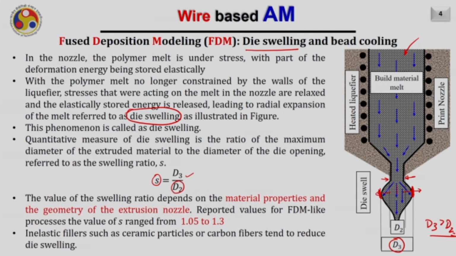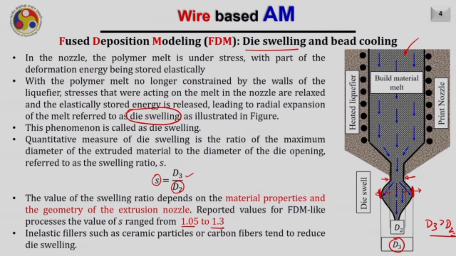The value of this ratio S will be greater than 1. It highly depends on the material property and geometry of the extrusion nozzle. The reported value for FDM-like processes is around 1.05 to 1.3.